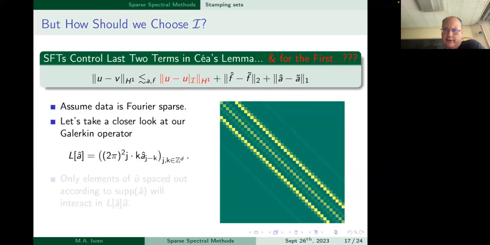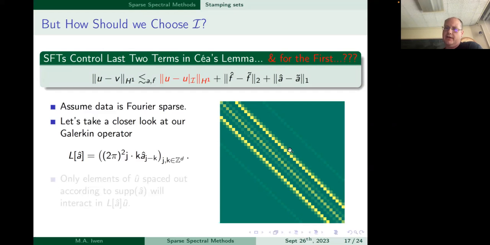So if you look at the linear system that you're solving in the Fourier basis, it has this sort of convolutional structure. It's a banded matrix. And we're multiplying this matrix by our unknown solution U and trying to have it satisfy the right-hand side, which are the Fourier coefficients of our forcing function.